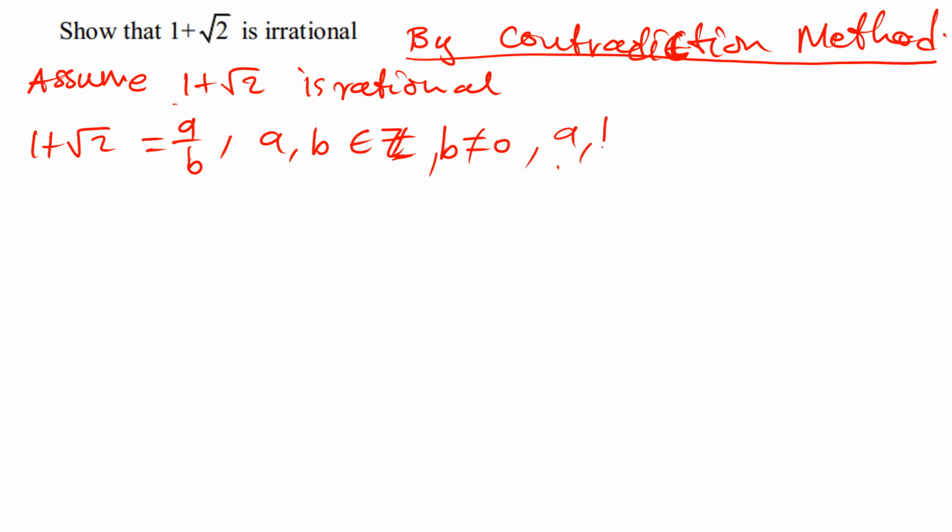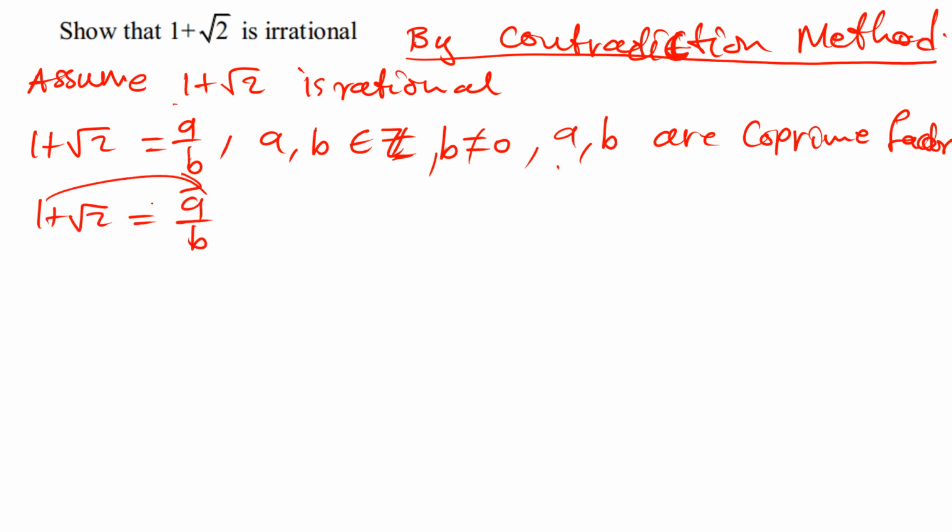And a and b are co-prime factors, or they have no common factor. Yeah, so that's what it means. So from there, we get this same statement here: 1 plus the root of 2 being equal to a over b.